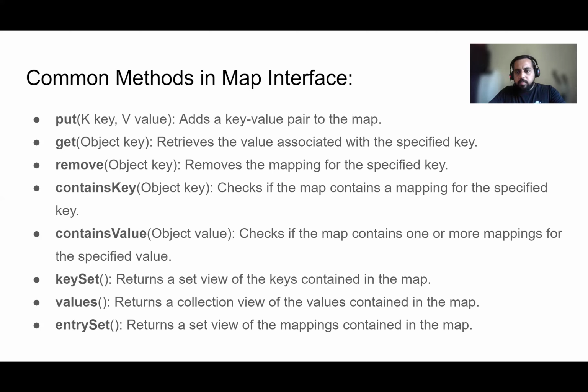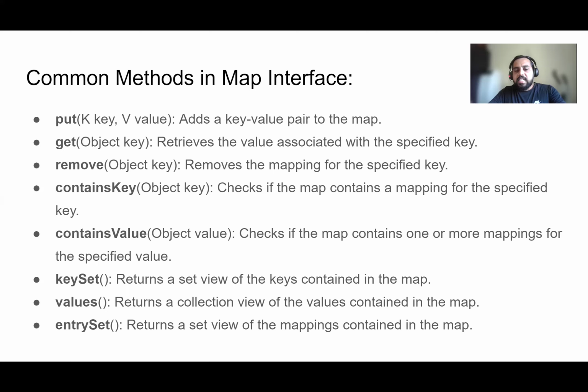ContainsKey checks whether the map contains a mapping for a specified key. ContainsValue checks whether the map contains one or more mappings of a specified value. With containsKey, only one entry will match, but with containsValue, duplicates are allowed, so we may get one or more mappings of the specified value.